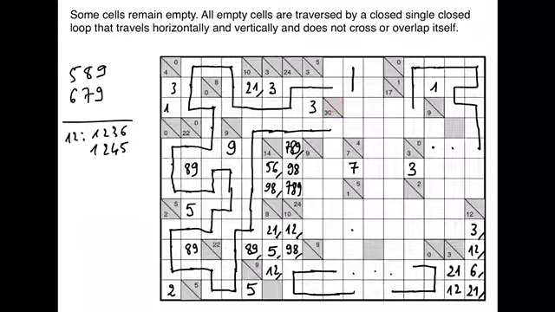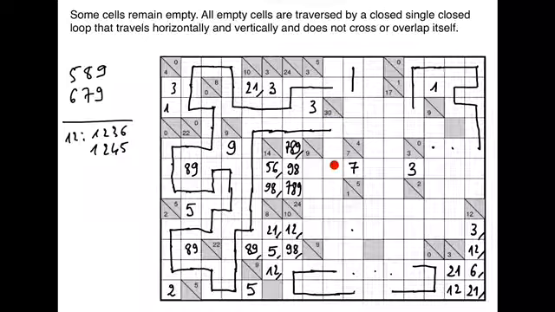This 30 needs at least 4 cells, 4 digits, and there are still 6 cells in here. So if this goes down, it will take 2 cells. Oh!